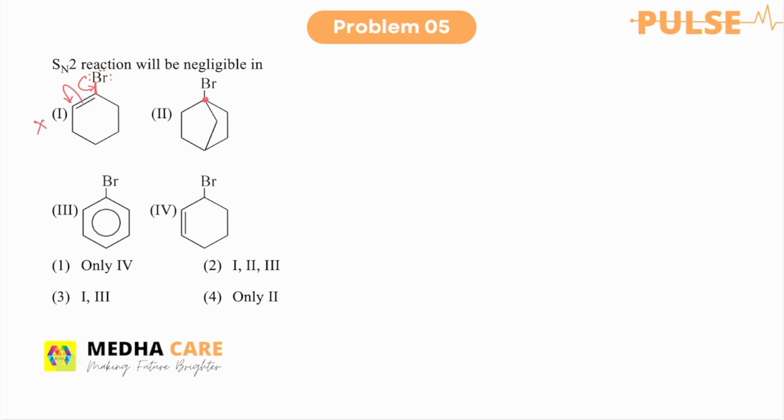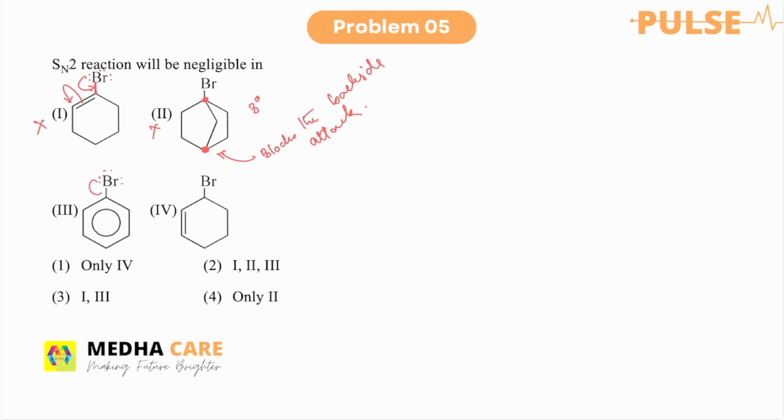In the second case, you can see this alkyl halide is 3 degree. Again, the back side is blocked by this carbon atom. So this carbon atom blocks the backside attack of the nucleophile. So this will also not participate in SN2 reaction.